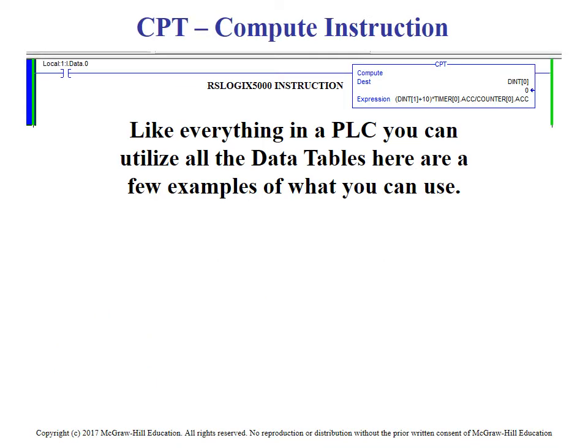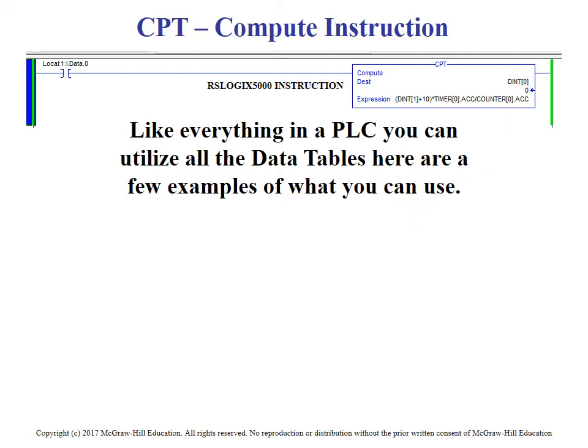Again, like many applications in the PLC, they all utilize the data tables, and you can use any variety of data tables. So what I did is I threw an example up here on a 5000 instruction, and some of the different tools you can see there. You see a double integer, you see a number, you see a timer accumulated value, a counter accumulated value, and another double integer.